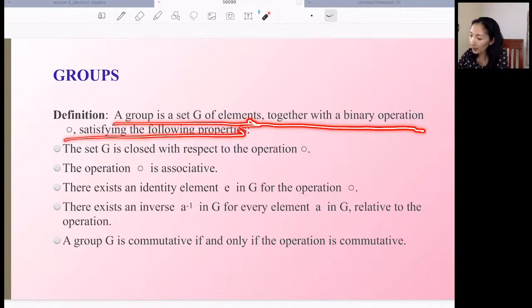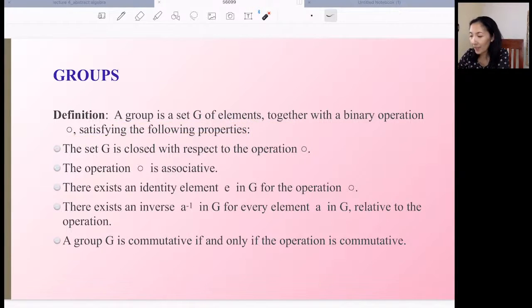The first property says that set G must be closed with respect to the operation. Next, that the operation is associative. Changing the grouping does not matter. Next, that there exists an identity element E. It's not I, E is used. There exists an identity element in G for that operation.